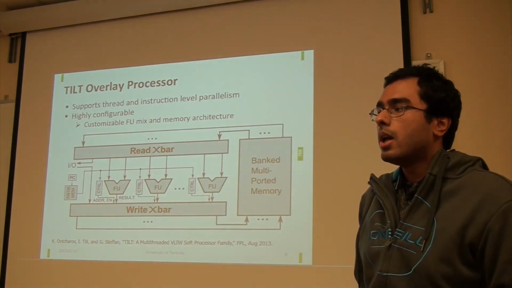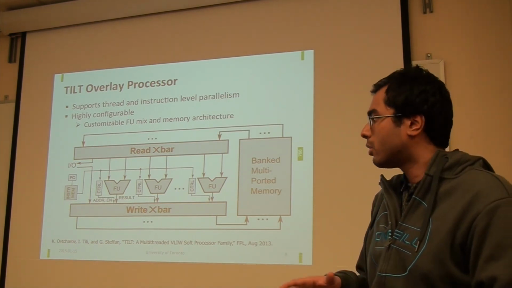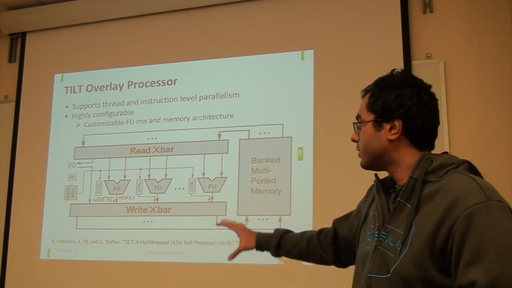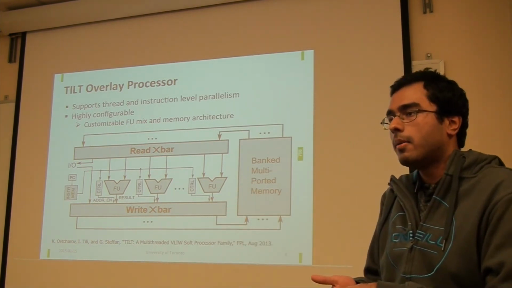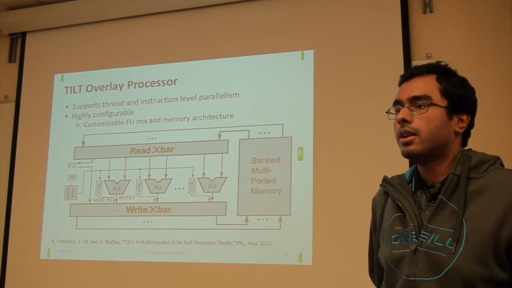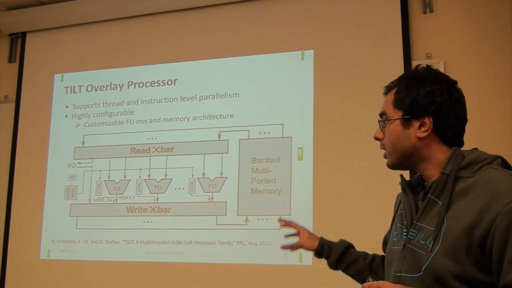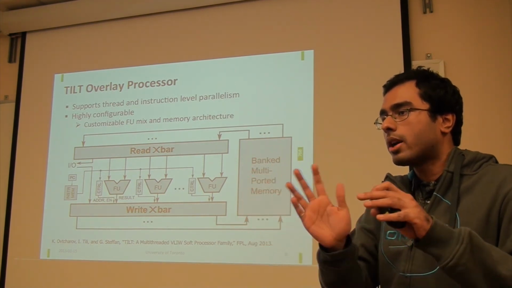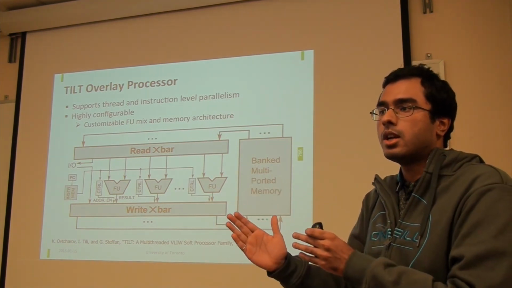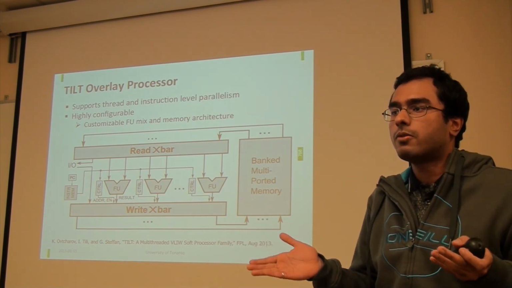If you try to change it into a more OpenCL-like architecture, we have to completely rethink how the tilt architecture is designed. Instead of these crossbars, we need to spread it out into a more pipelined structure. I think the tilt architecture is on one side of the spectrum, and OpenCL HLS is on the other, which is one of the interesting reasons we thought of comparing it as well.